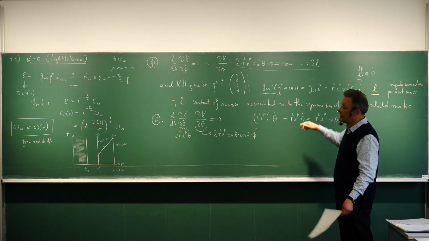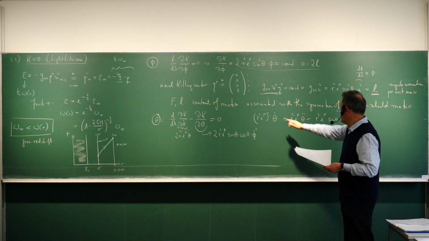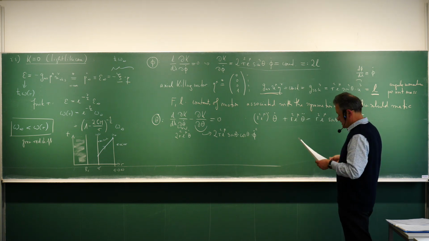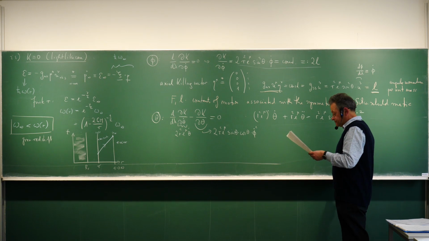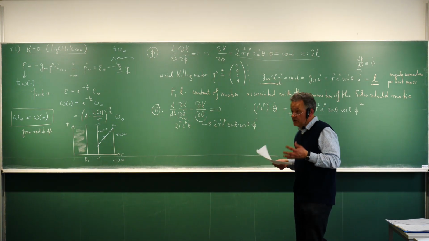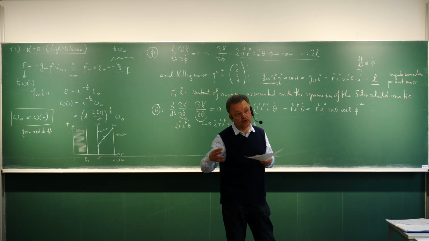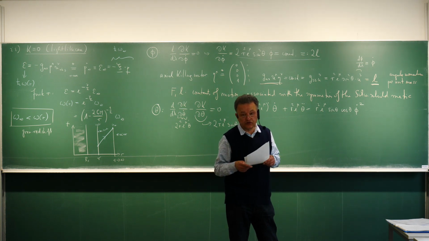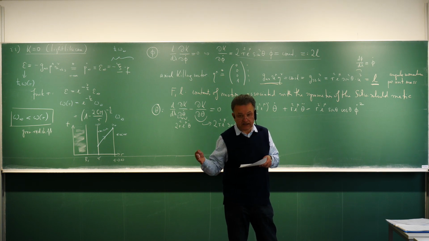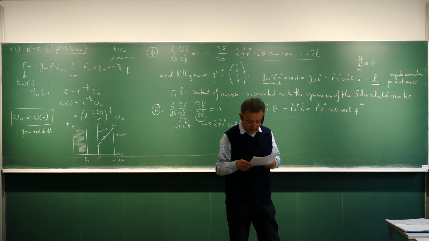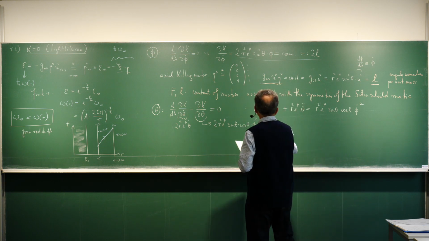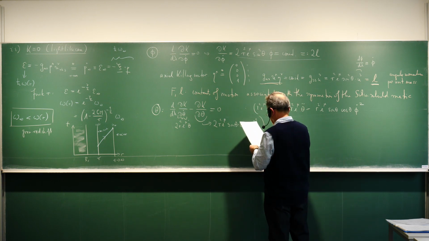Of course, you have here the highest derivative, the theta double dot, and you have theta dot terms, and you have other terms. Now, this is, of course, as usual, a second order equation. So you need two initial conditions to fix a solution, which means that we fix the initial angle theta and the initial change of angle theta dot. And of course, we choose it simple.